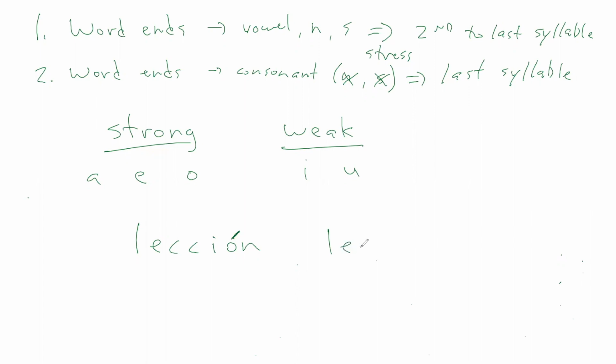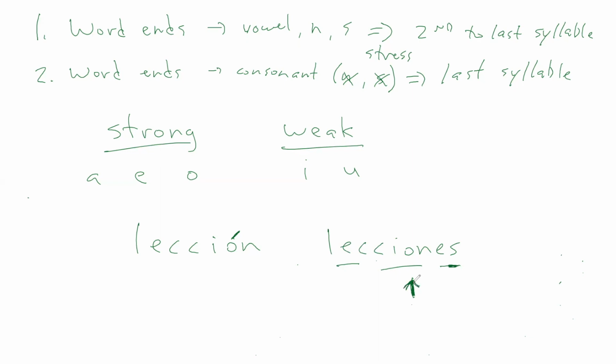If we make this word plural, now we've got lecciones, 3 syllables. And again, we have the diphthong, the I and the O, so that's one syllable. So lecciones, and we still want the stress on that O. Well, do we need a written accent? Let's see. It ends in an S, vowel, N or S, so the natural stress is on the second to last syllable.